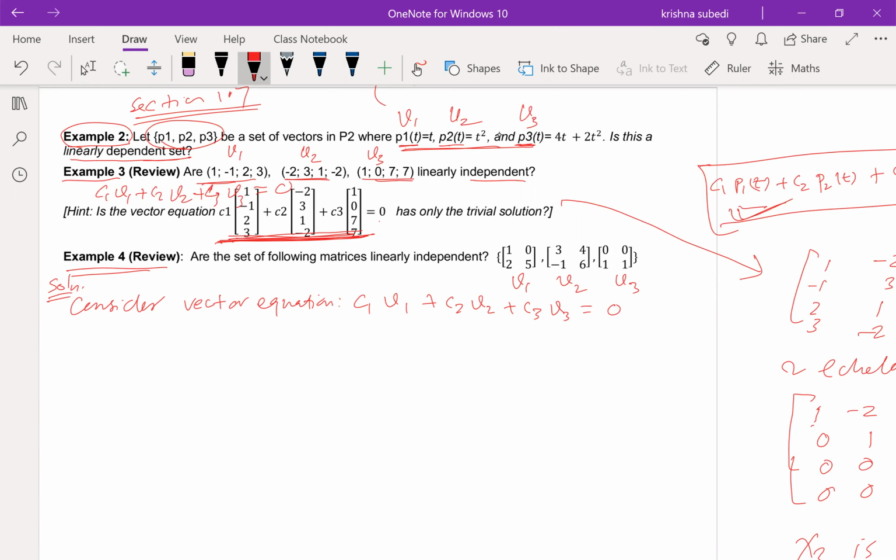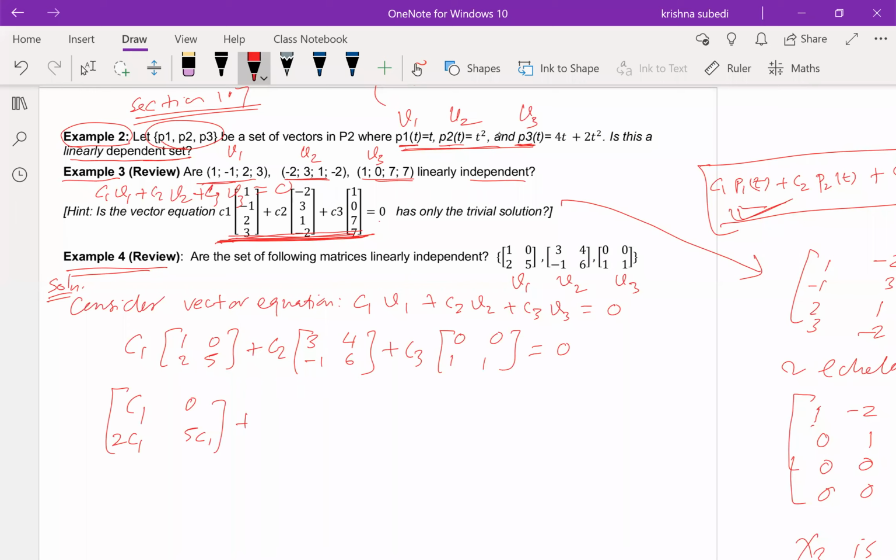But in the case of matrices, let's see how we can do this. So this means, can I write C1 times the first matrix plus C2 times the second matrix, and so on.